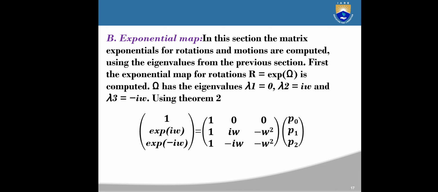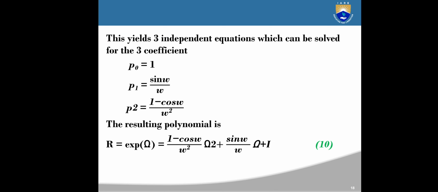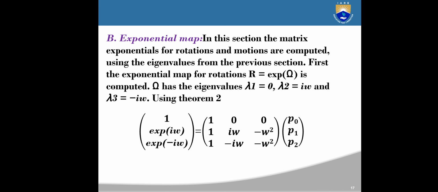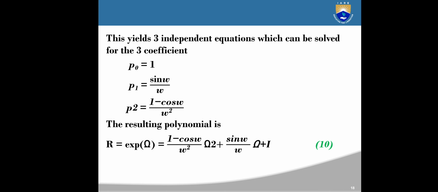Using theorem 2, we get the following matrix. Upon solving the previous matrix, we yield three independent equations which can be solved to get three coefficients P0, P1, P2, where P0 is equal to 1, P1 is equal to sin omega by omega, P2 is equal to 1 minus cos omega by omega square.